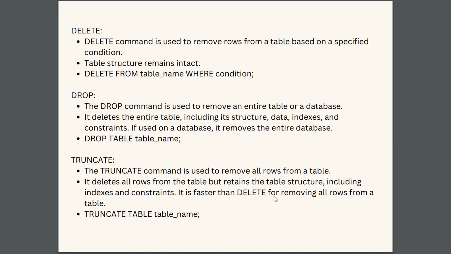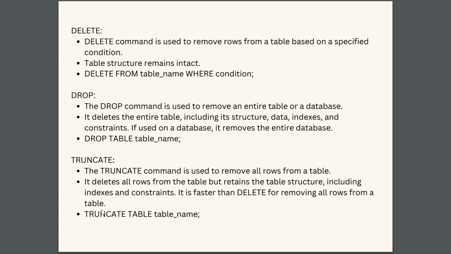It is faster than delete for removing all rows from a table. It is because in the delete clause we specify a certain condition, and the database engine will have to check the condition and then delete the record. But for truncate, we don't have a condition based on which the records are going to get deleted. So truncate will completely clear the table.